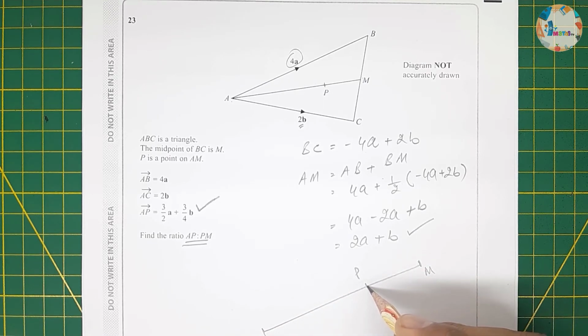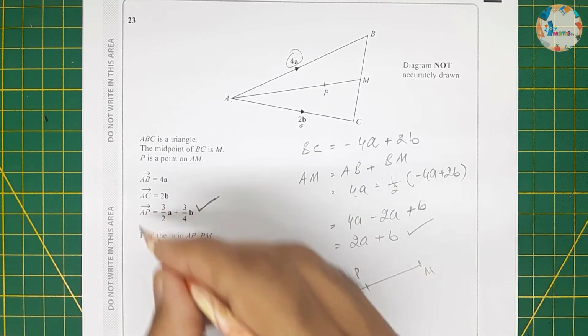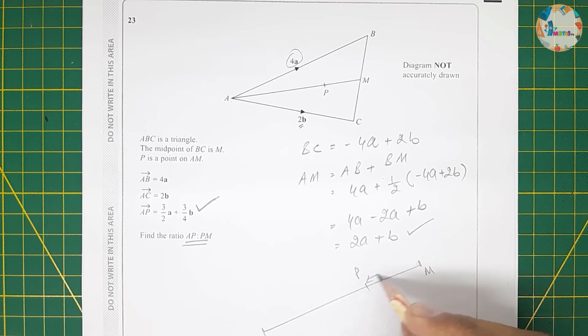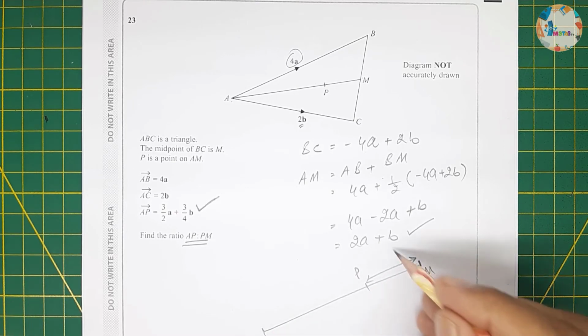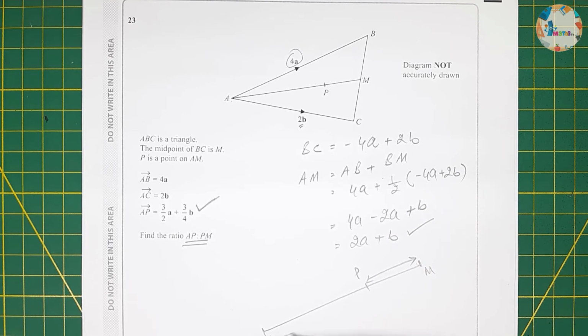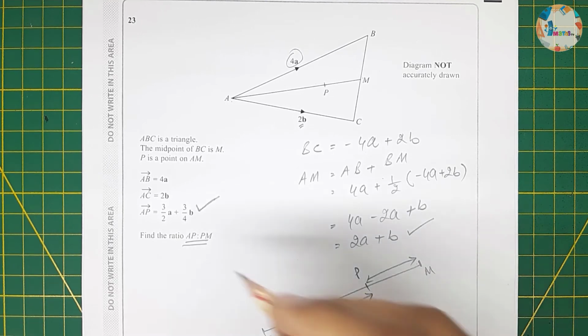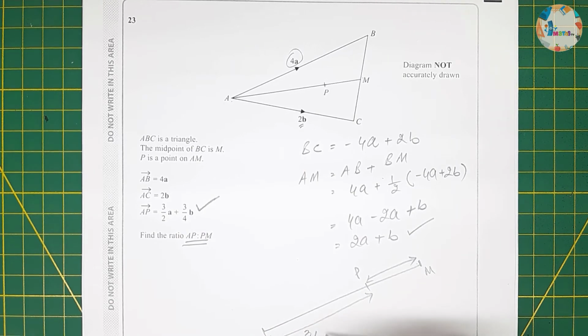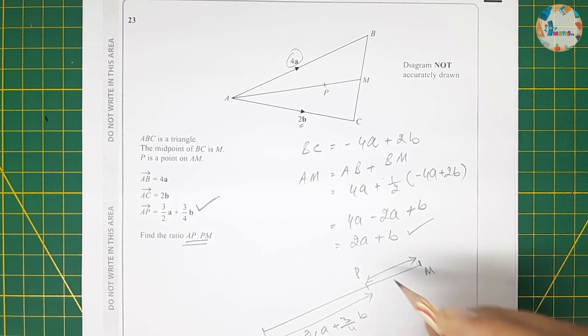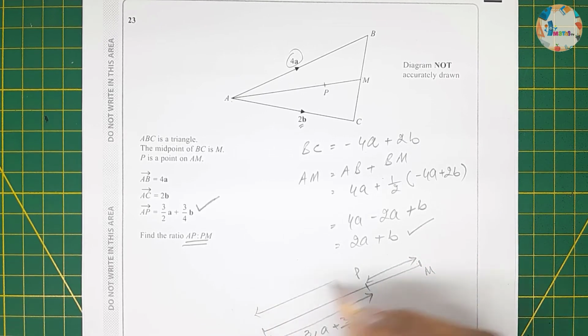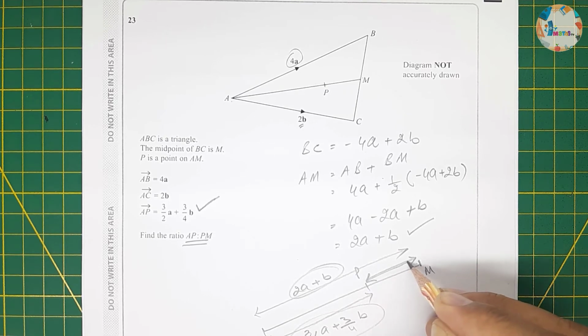So PM will be what? PM will be this minus AP, which is this one. So this length will be the total length, which is this one, minus AP, which is this one. So if I write this one, 3 by 2A plus 3 by 4B, and this is PM, which we have to find, and the total length, this is 2A plus B. So 2A plus B minus this one will give us this length, which is PM.